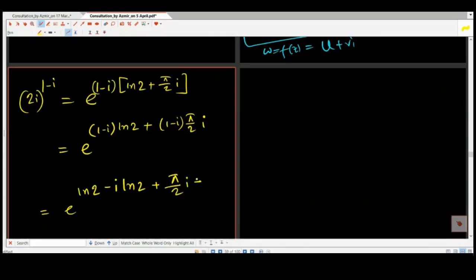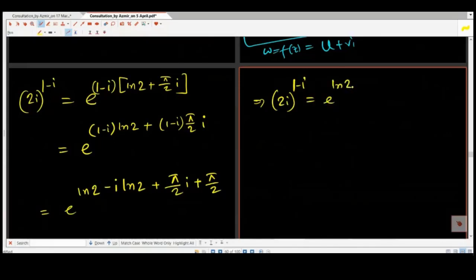So i squared is negative 1, so we are getting positive pi over 2. So 2i to the power 1 minus i equals e to the log 2 plus pi by 2. We are collecting the real parts and imaginary parts, plus i pi by 2 minus log 2.